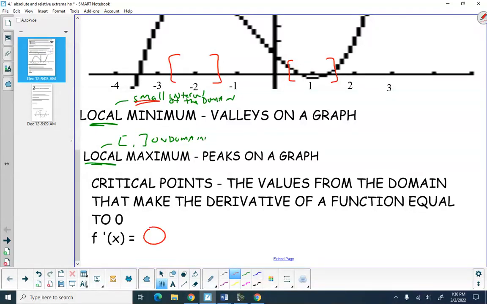What makes f prime of x equal to 0? These are called critical points.